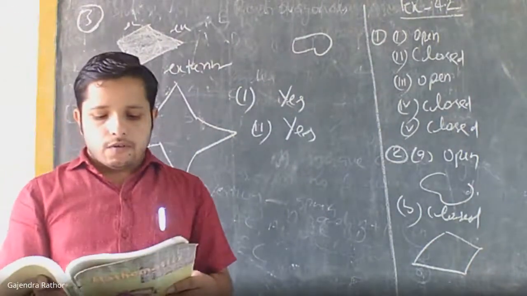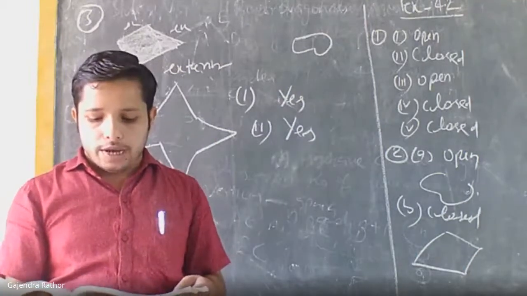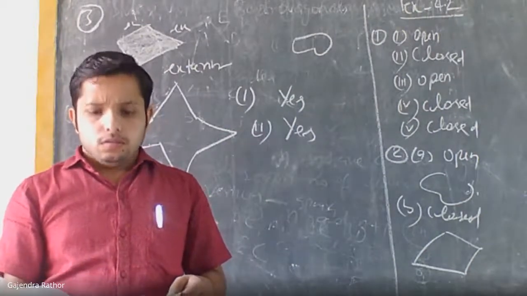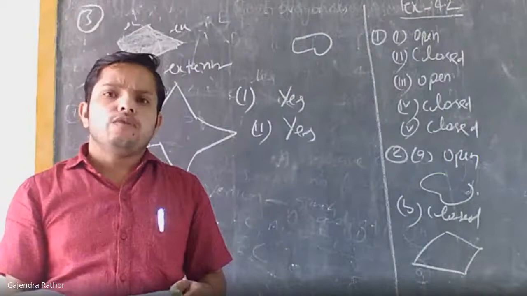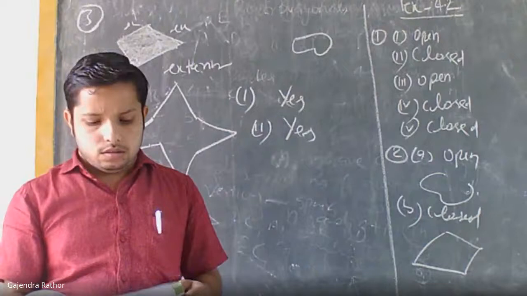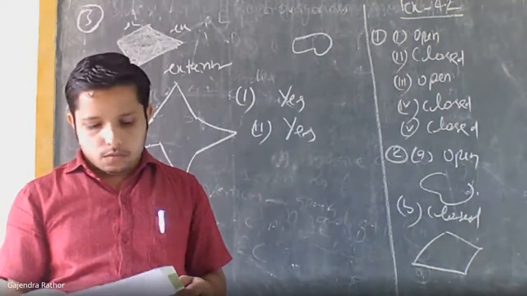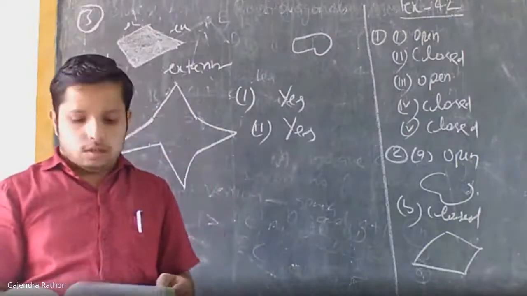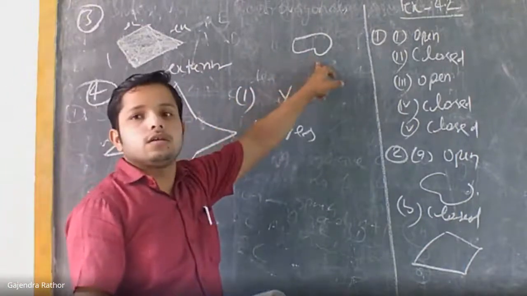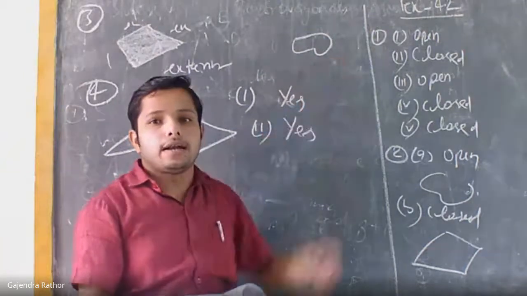The next, fifth question: illustrate, if possible, each one of the following with a rough diagram. So in this fifth question, we have to explain by some drawings or diagrams. First point, a closed curve that is not a polygon. So in the first point, we have to draw a closed curve, but one that is not a polygon. A possible answer: this is a closed curve, but it is not a polygon.